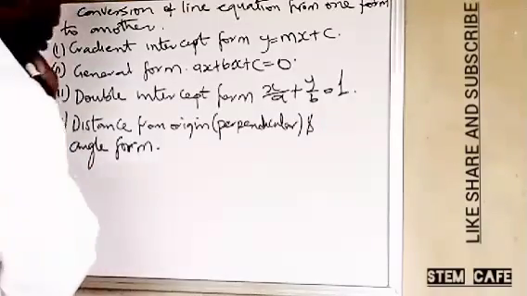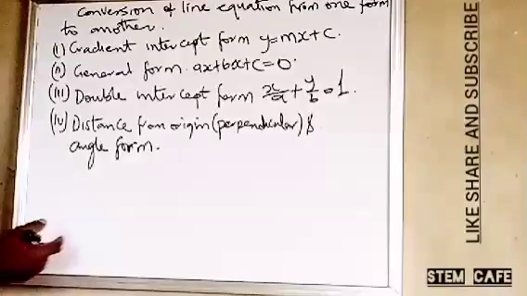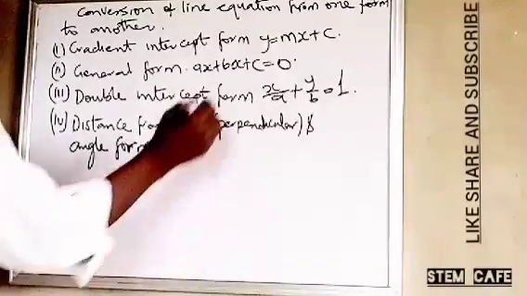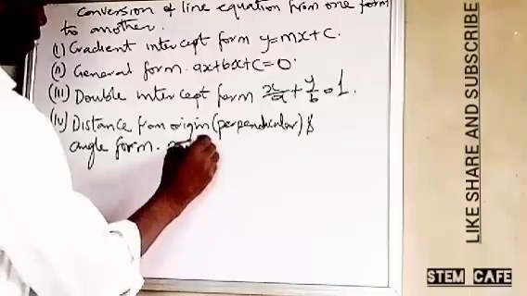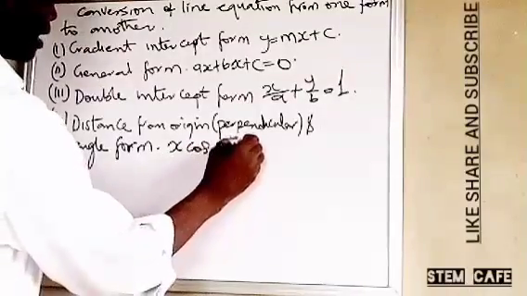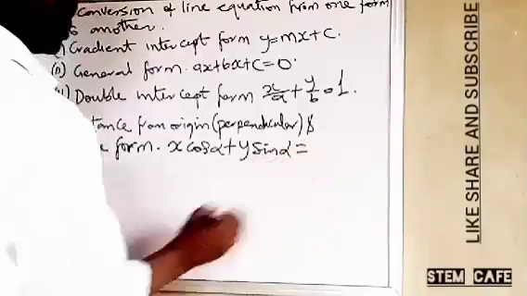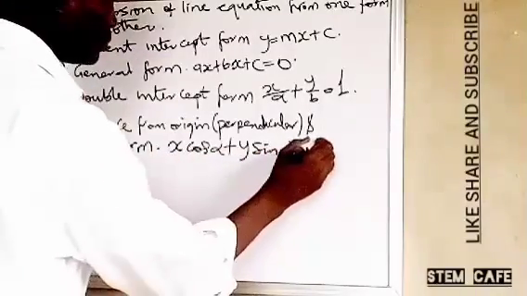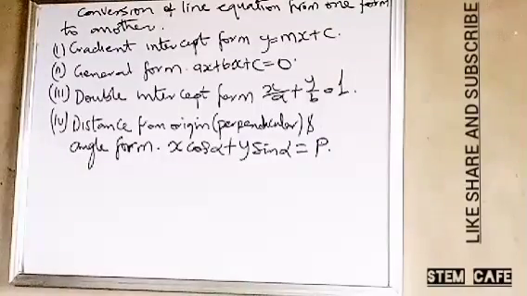Now let's look at another one: the perpendicular distance from origin, and the angular form. The form is always like this: x cos alpha plus y sin alpha is equal to p, that is the perpendicular distance from the origin.